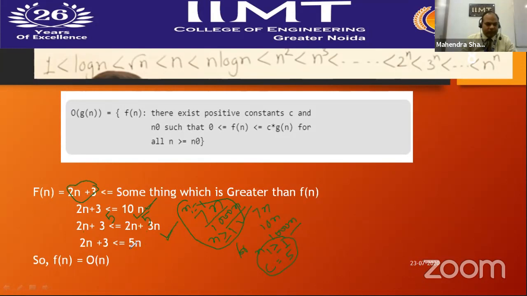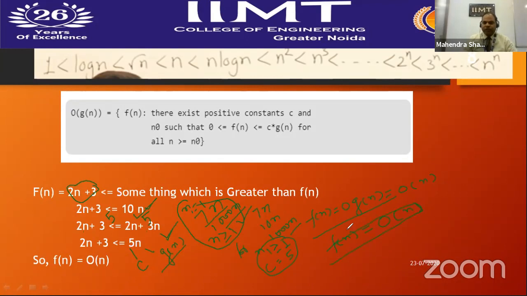So you can say this is your c and this is the g of n. Now you can write this equation like that: f of n is equal to order of g of n, which is order of n. Means f of n is equal to order of n.